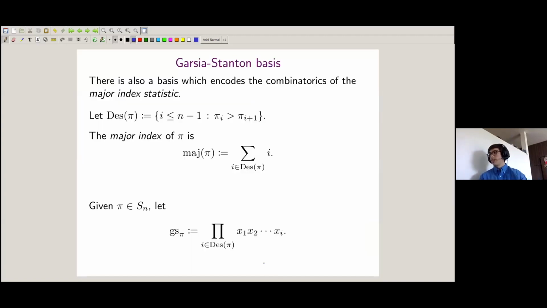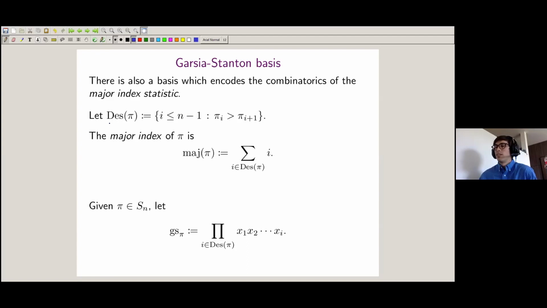So to connect this with permutations, let's look at the Garsia-Stanton basis, and we'll discover some more combinatorics along the way. There's an alternative basis for this coinvariant ring which encodes the combinatorics of the major index statistic. So let me define the major index.